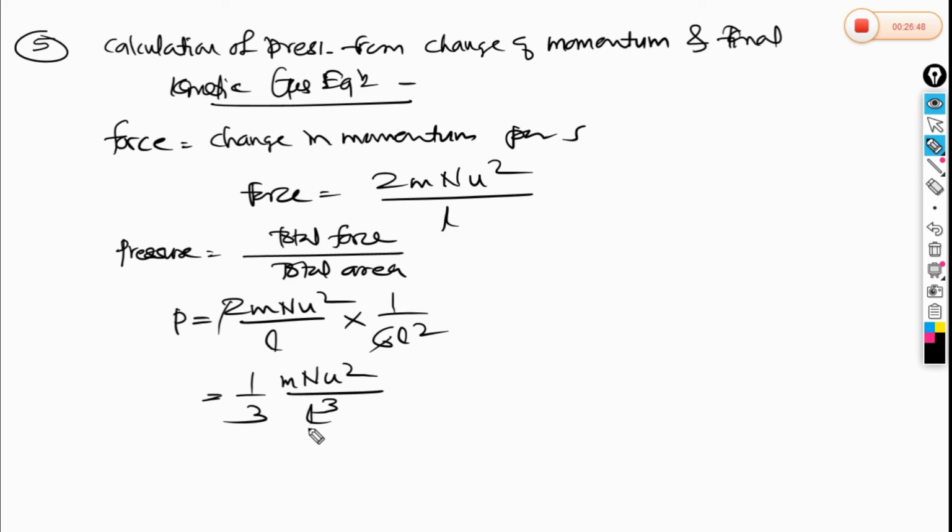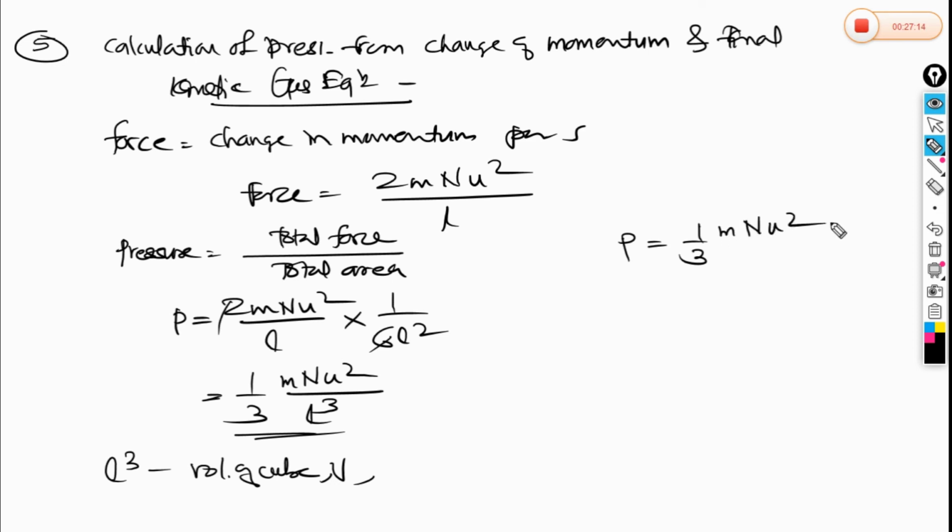And again, L cube is the volume of the cube, that is V, and hence the equation becomes P is equal to 1 upon 3 mn u square divided by V.